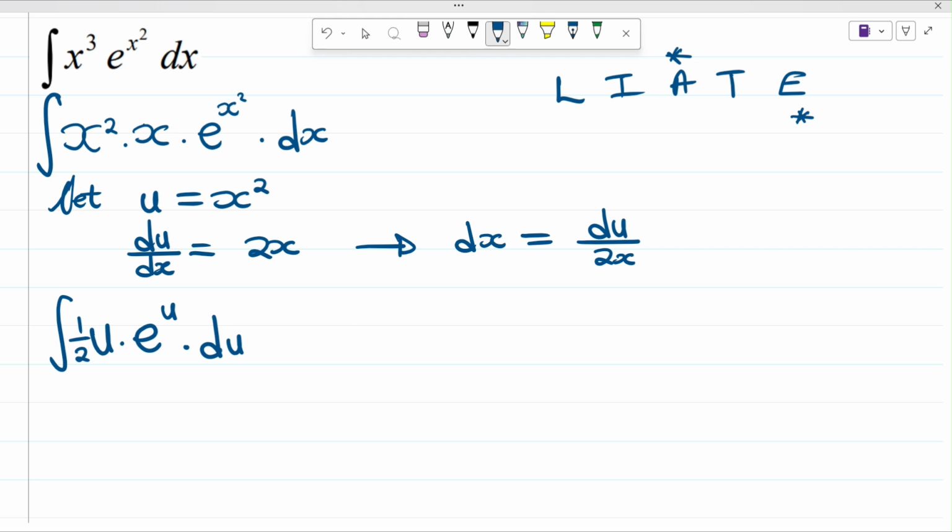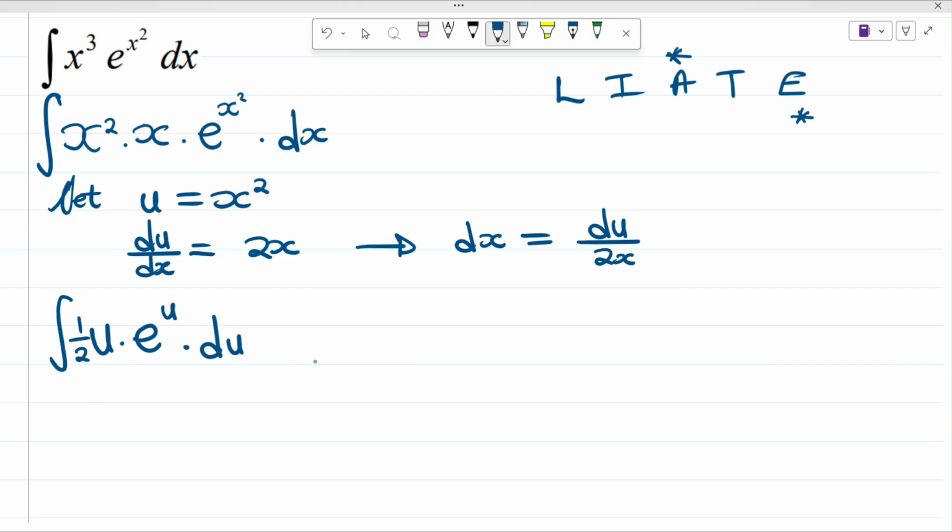Or we can take the 1 over 2 outside. It's still fine. What do you guys prefer? Yeah, let's just leave it there.